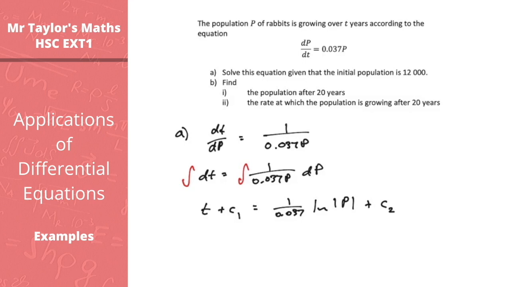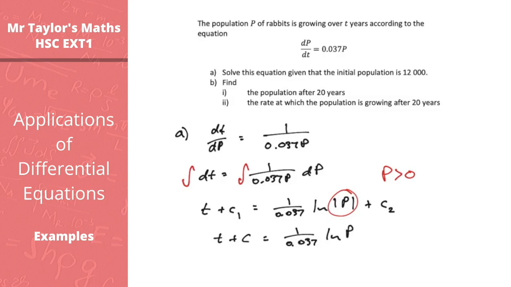Now for a population question, we know the population has to be positive, so we can really just ignore the absolute value here, because P has got to be greater than 0 anyway. Otherwise it wouldn't make any sense. So I could say t plus c is 1 over 0.037 ln P.